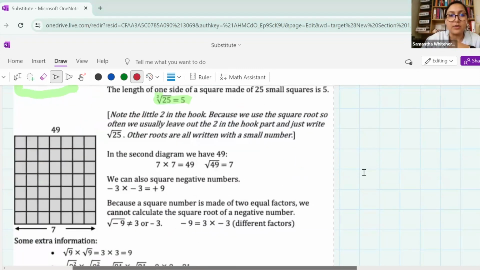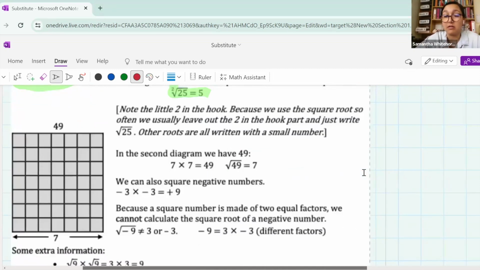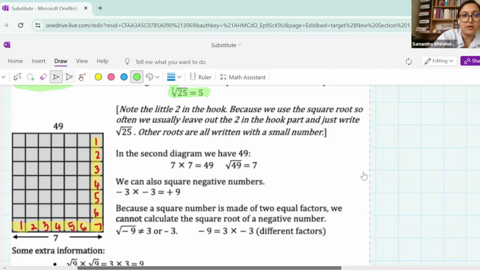So if we have a look at another example here, we can have a look at any square we really want, as long as the square is a square, so it's got the same side length. Here we've got a square that's 7 by 7. If you count your blocks, you can see that. So we've got a 7 by 7 block.